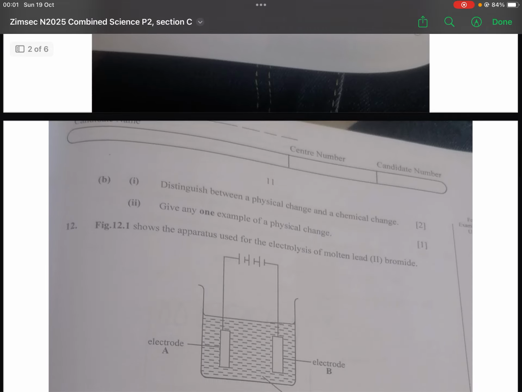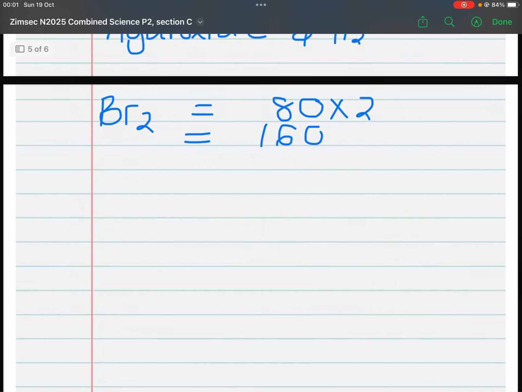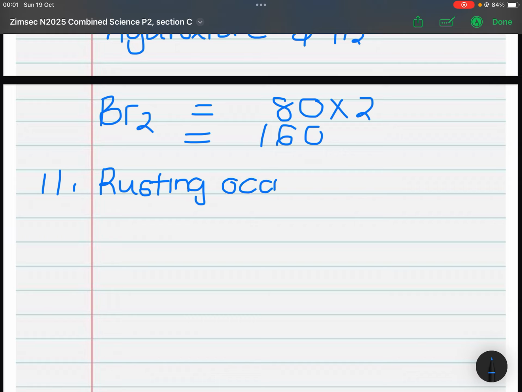So let me explain. We are now on number 11, right? We mentioned that rusting occurs in W. And then we are supposed to give the reason. You get your first mark by mentioning that rusting occurs in W. Then we are required to give the reason.